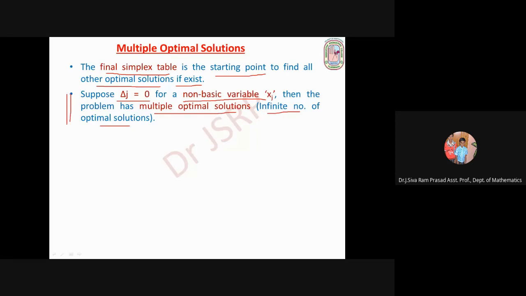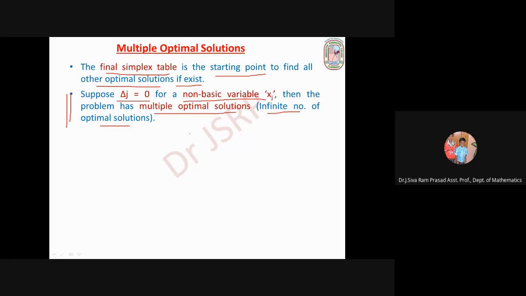This will be given in one more question. How do you identify the existence of multiple optimal solutions to an LPP? So what is the answer? In the final simplex table, for a non-basic variable, if its delta j value is 0, then the problem has multiple optimal solutions.